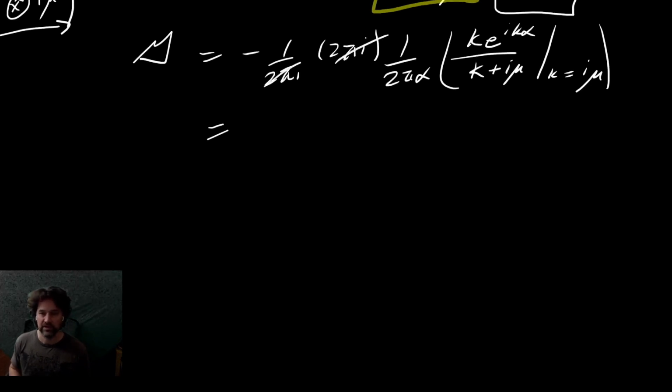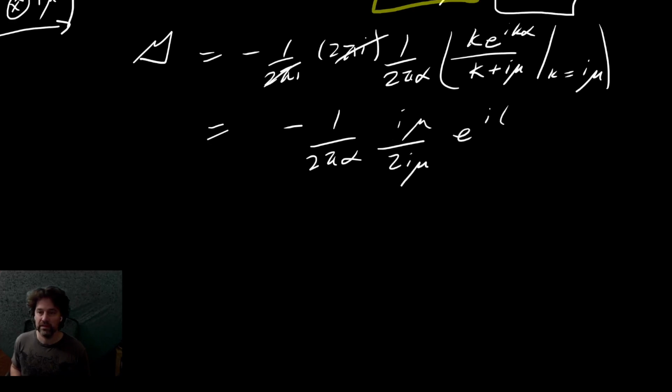Our 2 pi i's are killed. We are left with minus 1 over 2 pi alpha times i mu over 2i mu e to the i mu alpha.